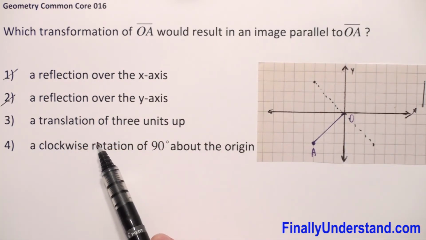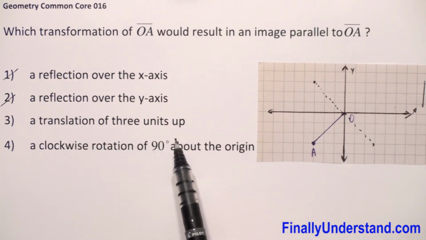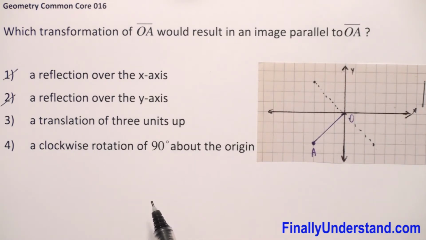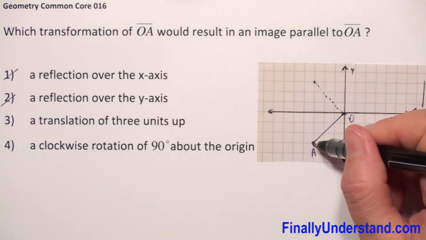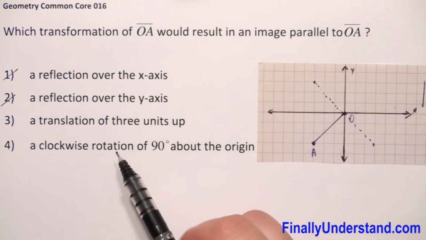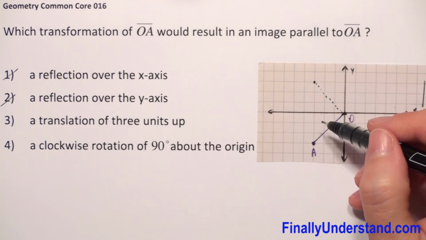Next we have translation 3 units up. We know that translation moves every point of a figure the same distance in the same direction. So we have these two characteristic points, point A and point O, and we will move these 2 points 3 units up.